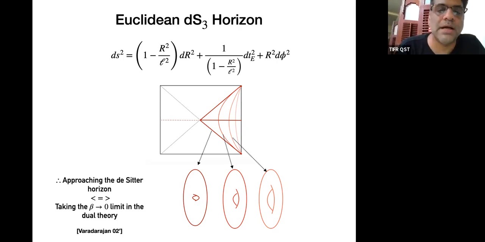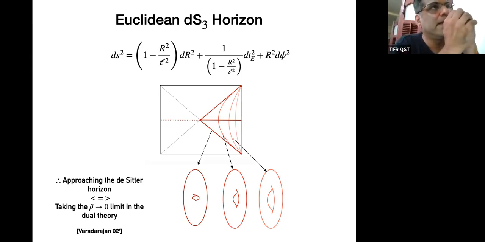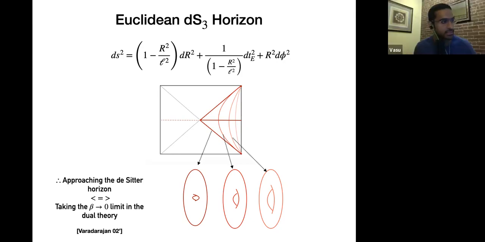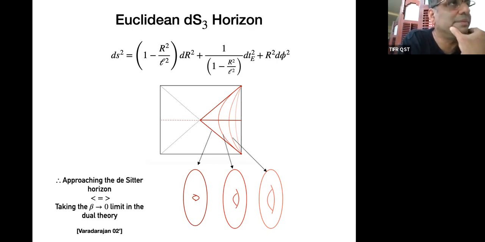And the other 45-degree red line would be a contracting light front that would converge to the North Pole at t equals plus infinity. Is this right? And these two light fronts would meet at the equator. They would have covered half the sphere at the middle point. Is that right? Yes. Okay.